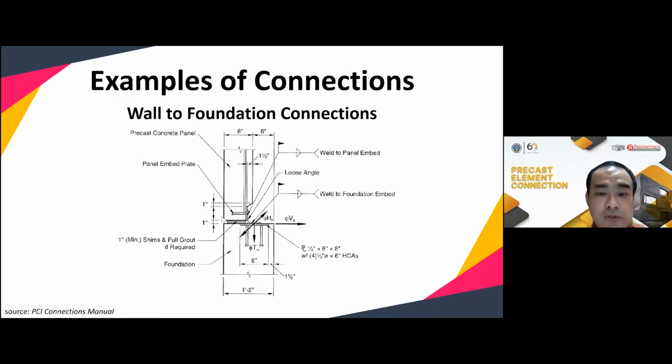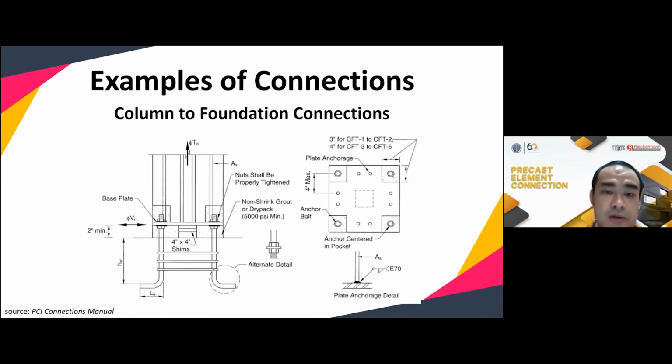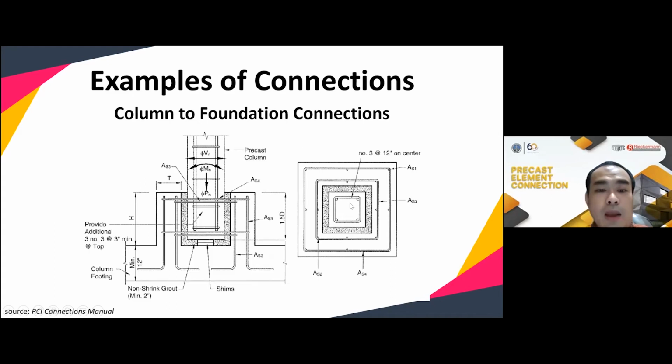For the wall, we can also use the steel plates, and this is also the same. And column to foundation connections, this is similar to the one that Mr. Nishant already explained in the previous session. And this is also the same. It used the coupler, and then this is the pocket connection, column to foundation.